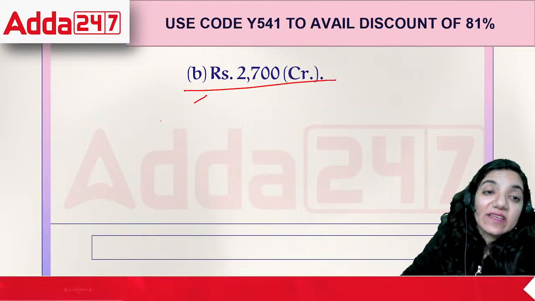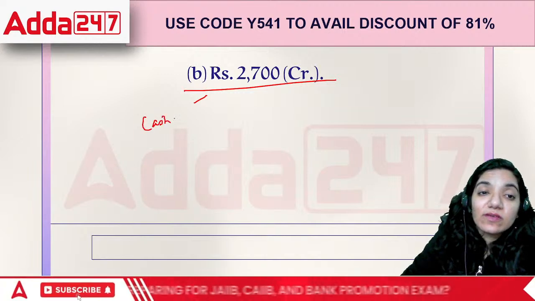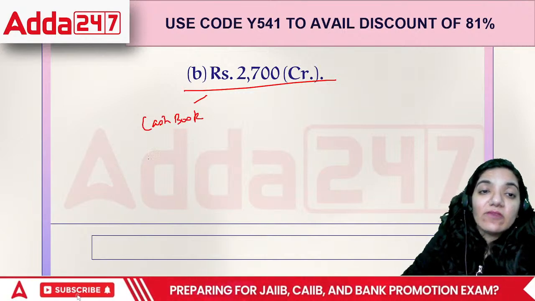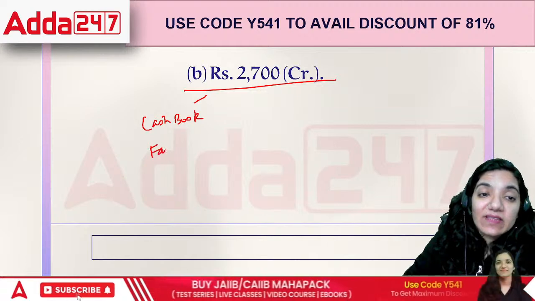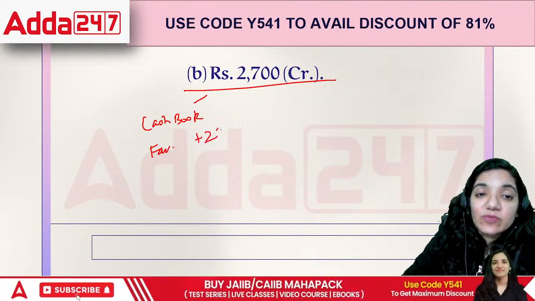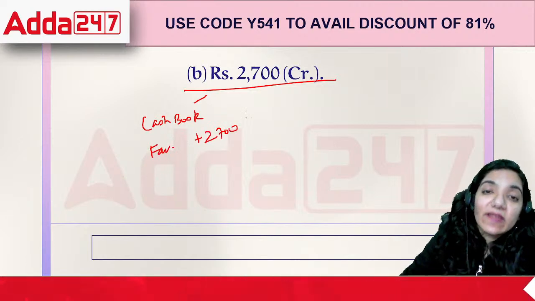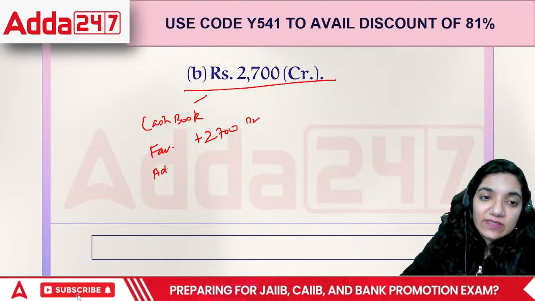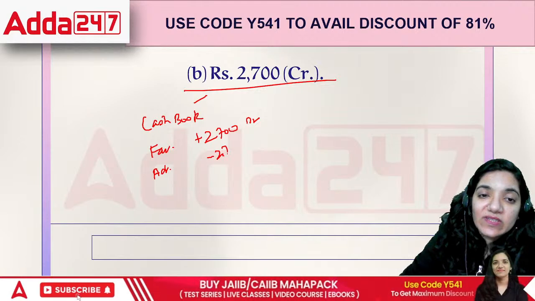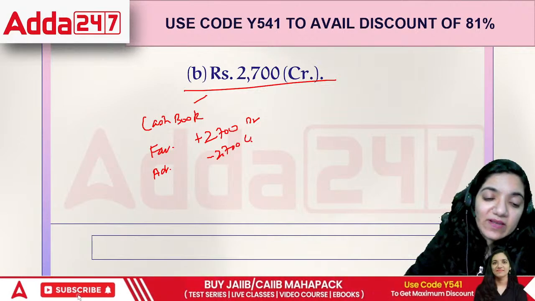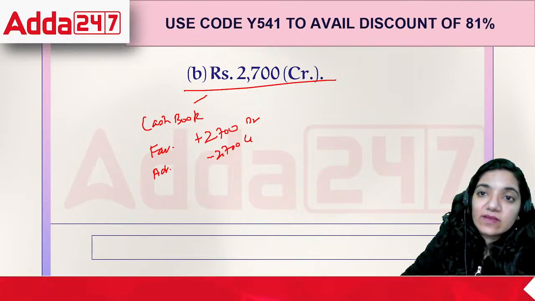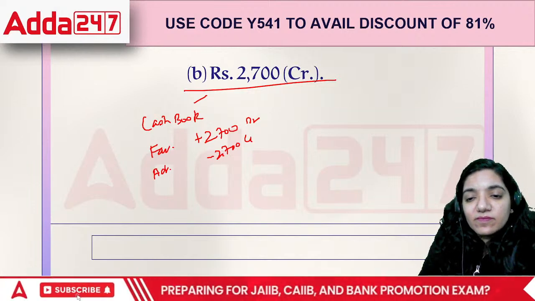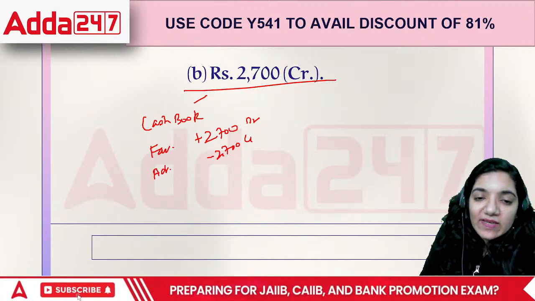That means in terms of cash book, if we have a favorable balance, that would be plus 2700. If that is the debit balance, and if we have adverse, then it would be minus 2700, the credit balance. So we'll be specifying it like that.